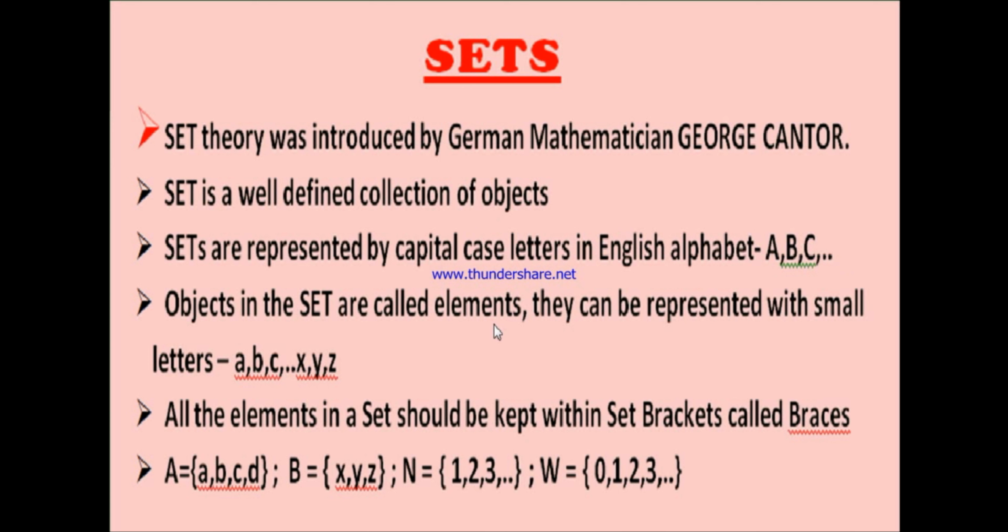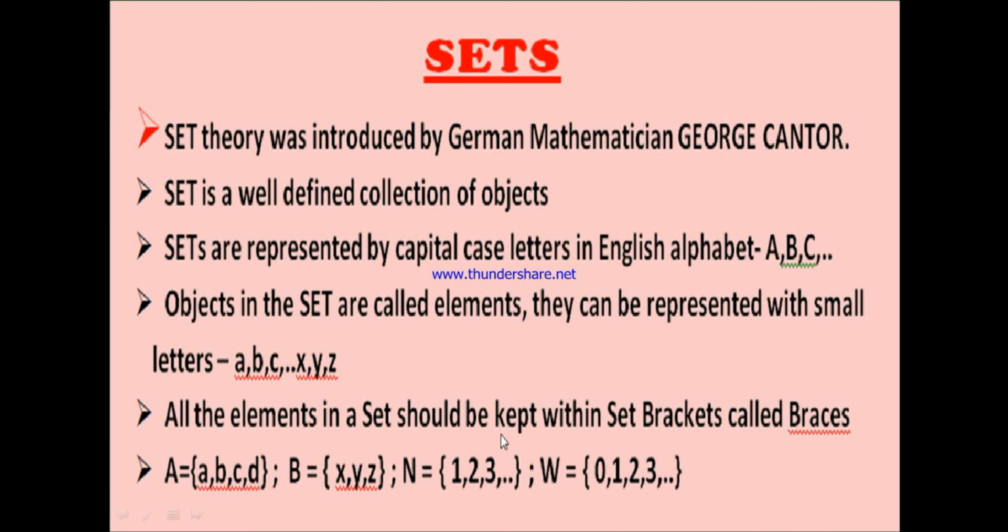Objects in a set are called elements, and they can be represented with small letters, small a, small b, small c, and so on, small x, small y, and small z. And all the elements in a set should be kept within set brackets. These are the set brackets. You can call them set brackets, curly brackets, or braces.